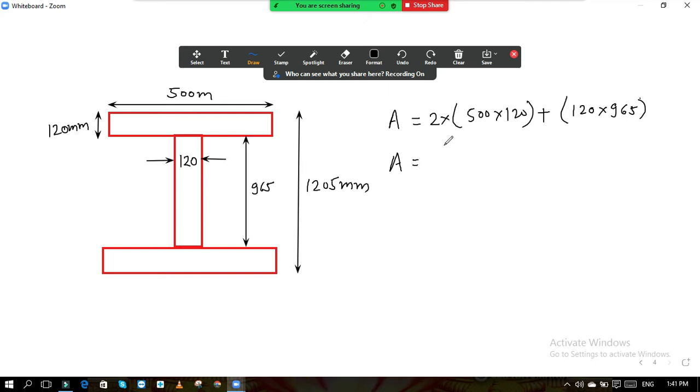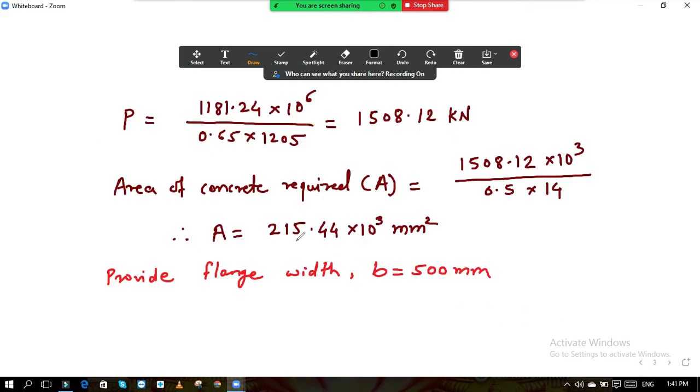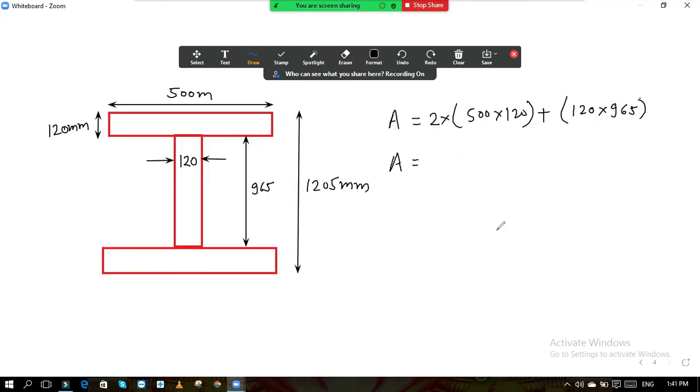What is the area we have provided? We have calculated the required area over here, 215.44 into 10 raised to 3. Now the dimensions which we have provided to the I section, we need to check whether these are sufficient or not.